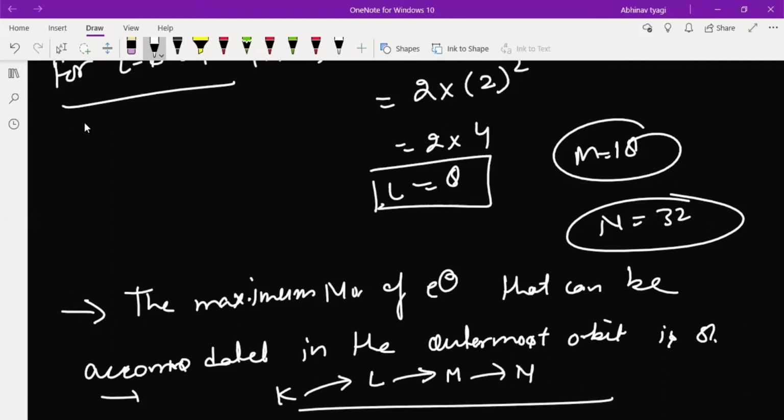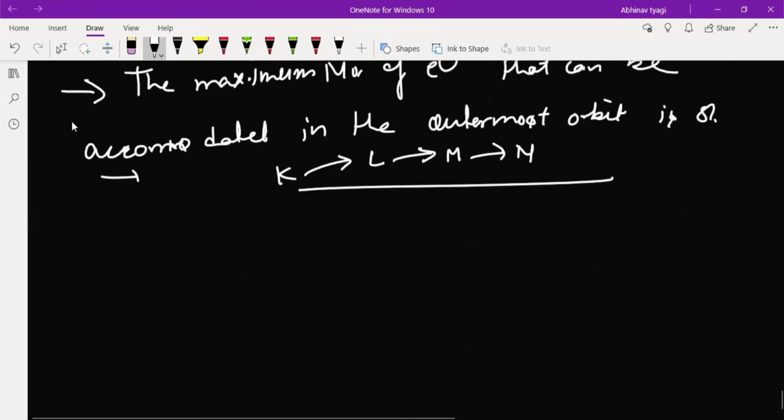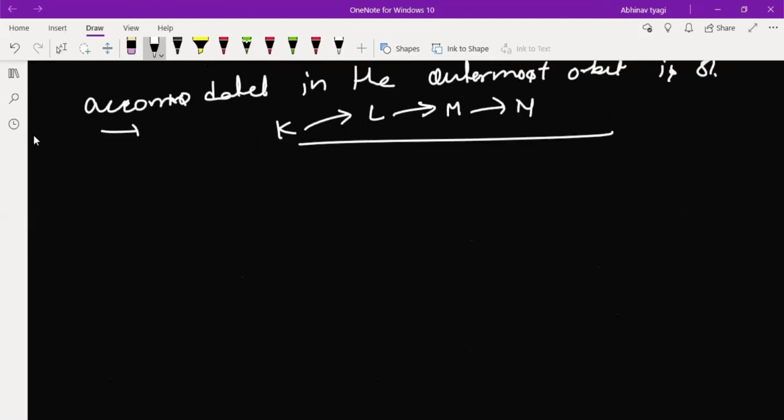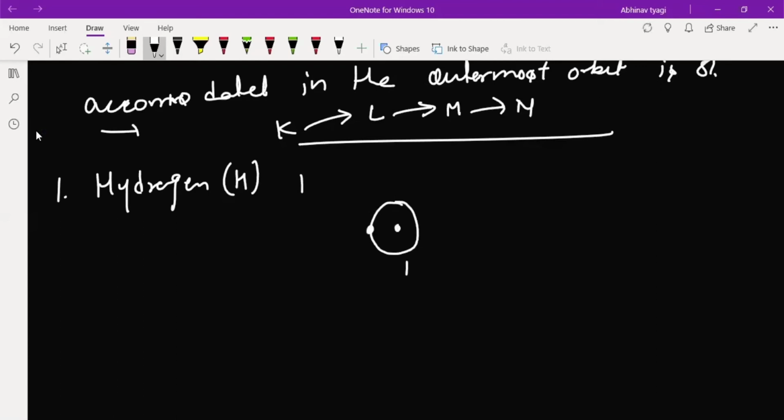Now we will draw some schematic atomic structures of the first few elements. For hydrogen, the symbol is H, atomic number is 1. So हाइड्रोजन के लिए हम यहाँ पे यूज करेंगे सेंटर में पॉजिटिव प्रोटॉन दैट इज न्यूक्लियस, और इसके लिए हाइड्रोजन के लिए ये आ जाएगा.